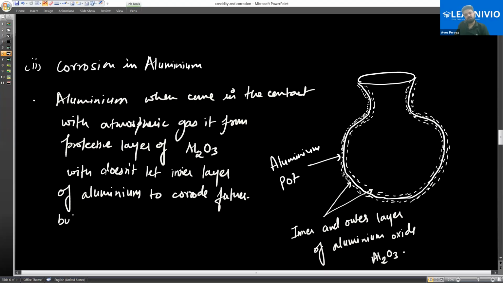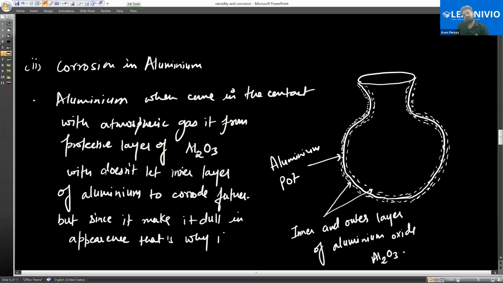But since it makes it dull in appearance, that's why it is called corrosion. So note it down.